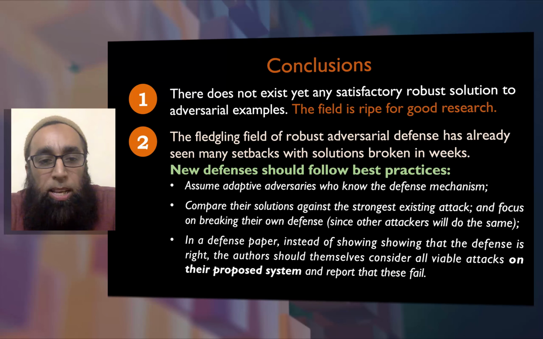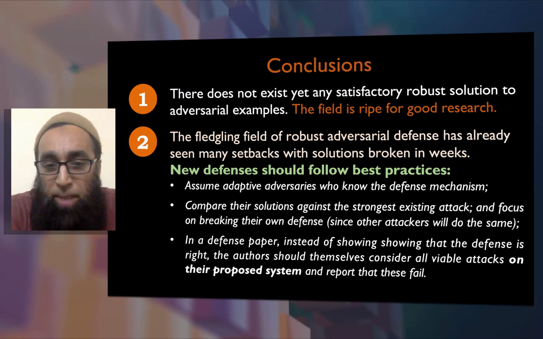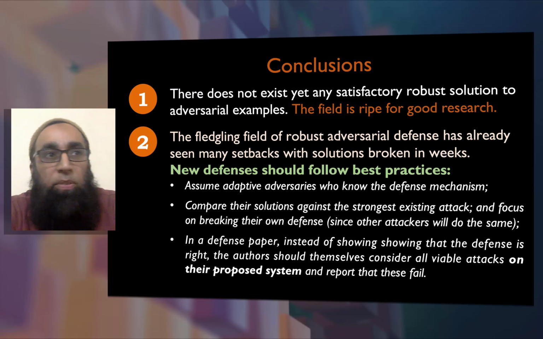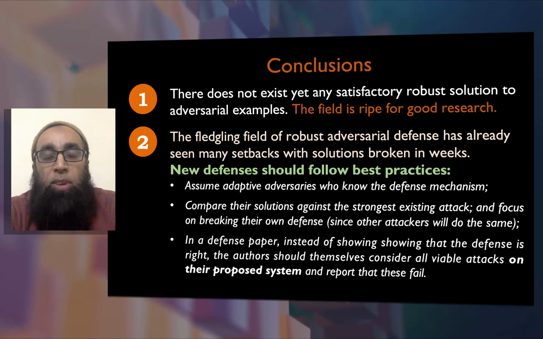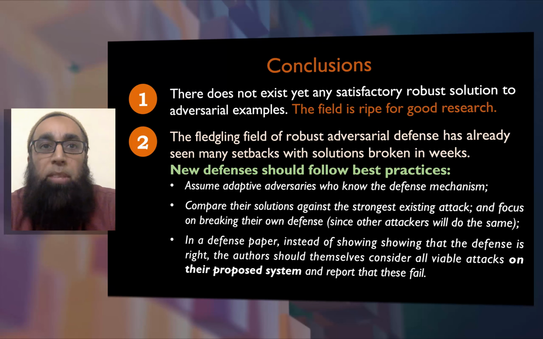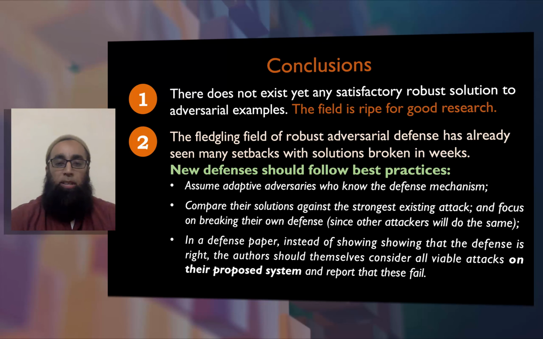We also saw that the field is nascent, it's a fledgling field, and it has seen many setbacks. People have proposed defenses, but those defenses have been broken. But now anyone working in this field should read about the best practices that people have proposed. You should make use of the assumption of an adaptive adversary.